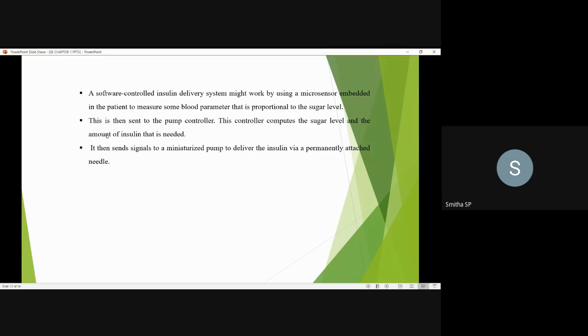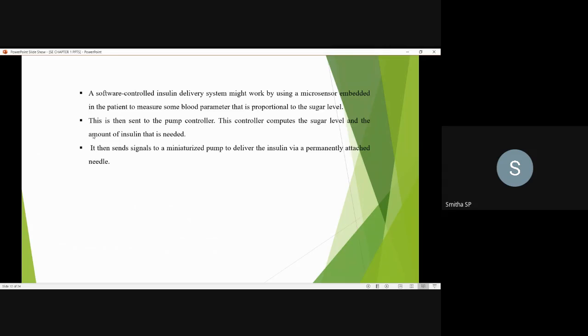A software controlled insulin delivery system might work by using a microsensor which is embedded in the patient, which is used to measure some blood parameters. That blood parameter level, which is proportional to the sugar level, will be measured.